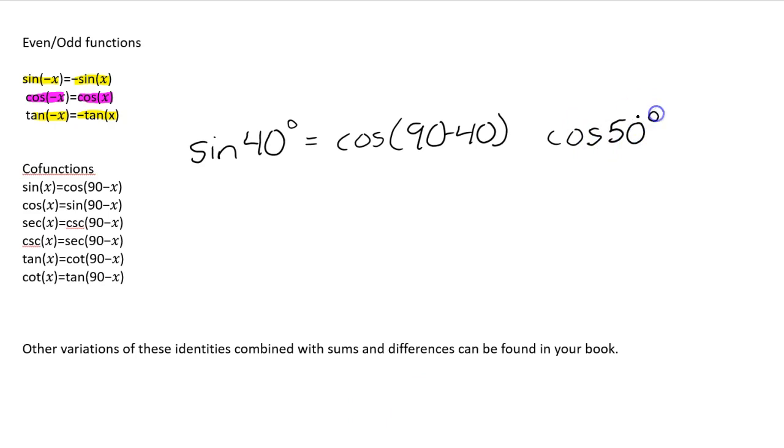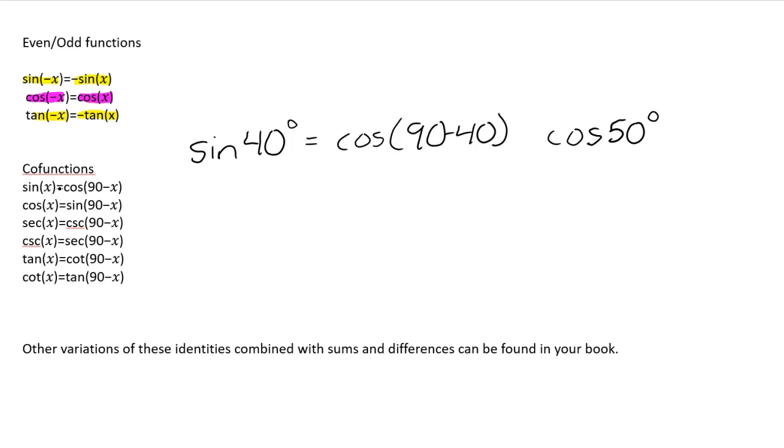So those values are equivalent. If I tried to find sine of 40 and cosine of 50, we would get those same values. So we know sine and cosine go together in both directions. It does not matter. Secant and cosecant and tan and cotangent. Those are all cofunctions that go together.